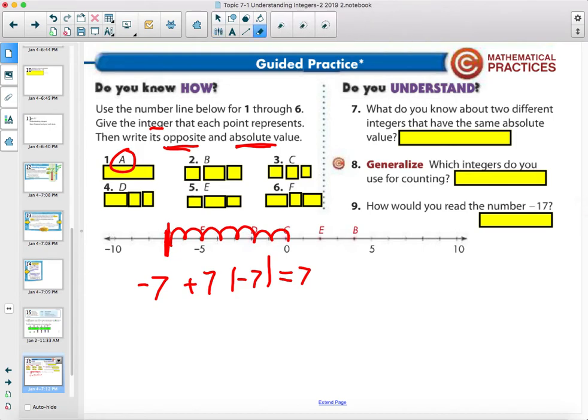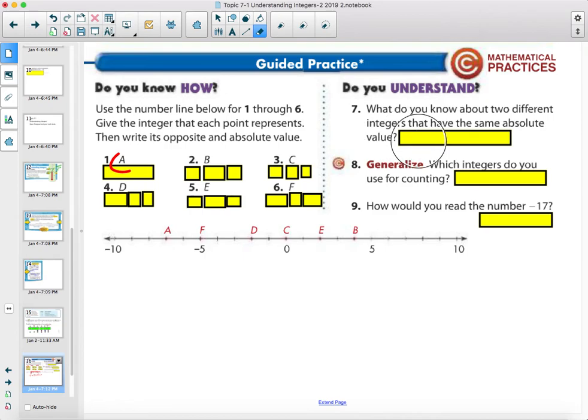Now, let's take a look at number 2. B. What is the integer represented by B? Bertie? 4. Okay, so we have B right here, and that is +4, right? So that's correct. What is its opposite then? Yeah, the opposite is -4.